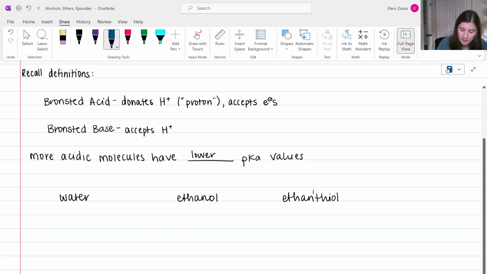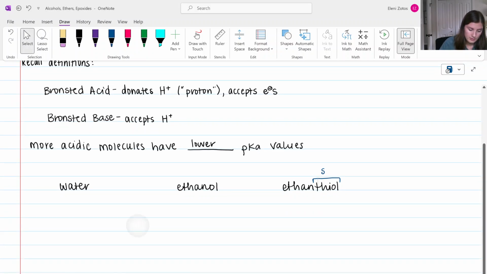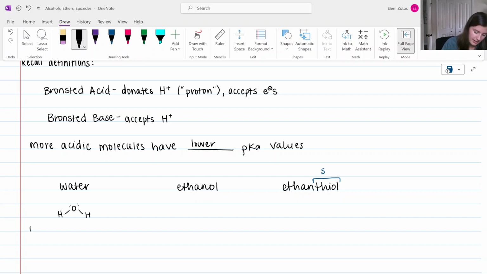Thiol might be an unfamiliar suffix here. Anytime you see this, this means we have a sulfur present. Okay, so water, H2O, we know the structure of water. Its pKa, and we'll write out all of the pKa's, is about 14.